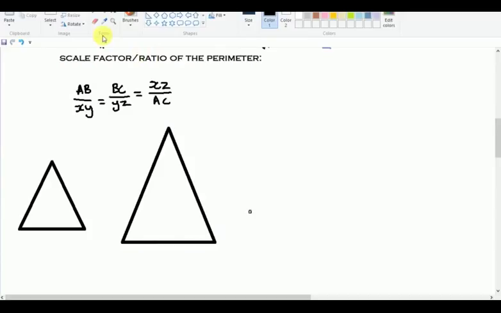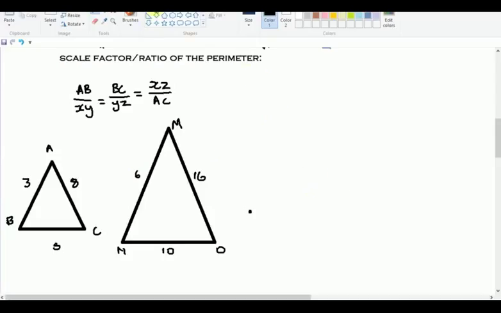Then let's name them triangle ABC and MNO. Here we are given 8, here we are given 3, here we are given 5. So this is 10, this is 16, this is 6.